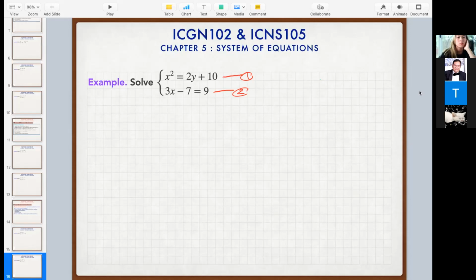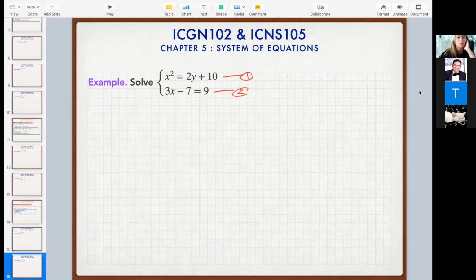Okay, time's up. So right now we have one student who answered, that is from Nina. She got 16 over 3 for x and 83 over 9 for y. Okay, so now let's see whether this is correct or not.